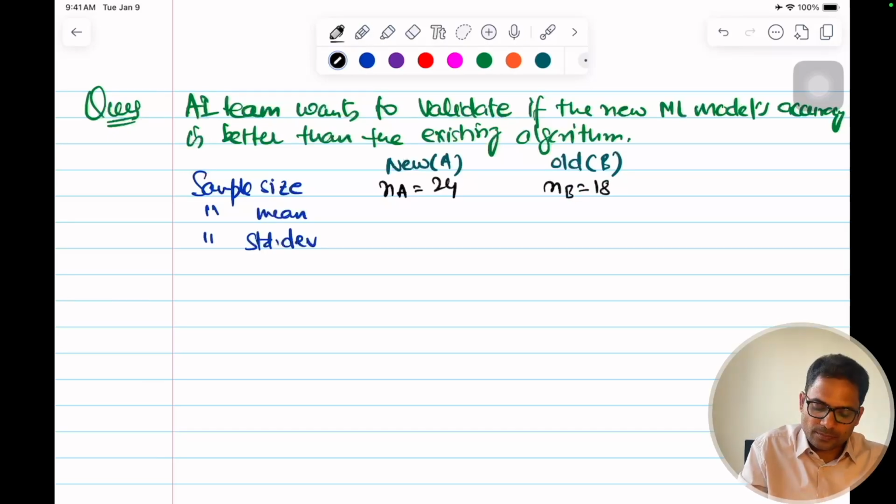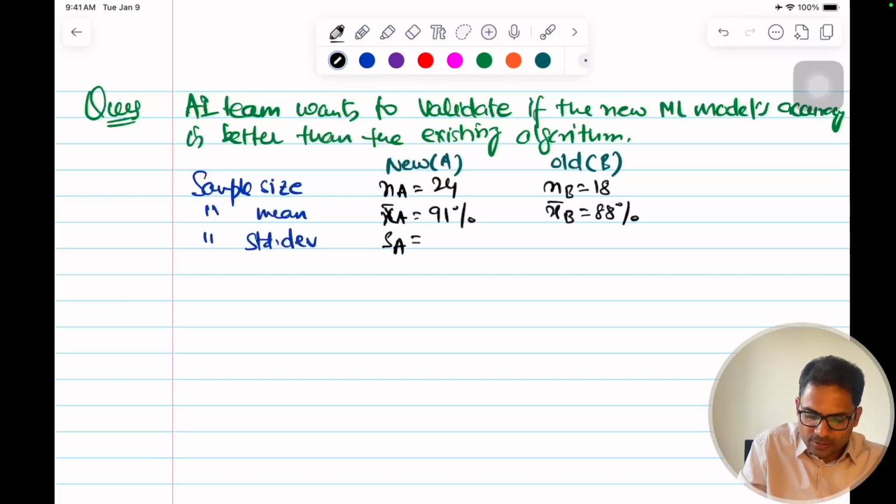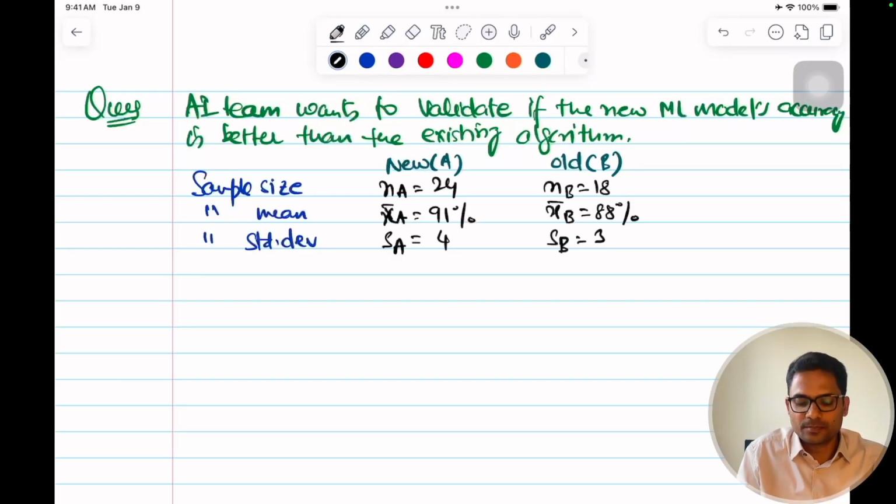The sample X bar A is 91%, and X bar B is equal to 88%. This is your accuracy. The old model is 88%, the new one is 91%, and the standard deviation for A is 4, and for B it is 3 only.